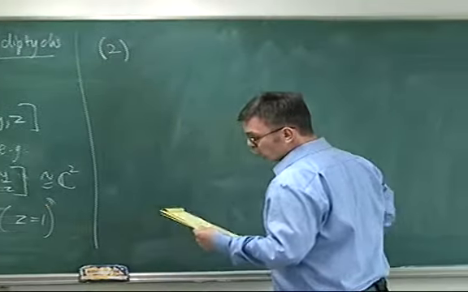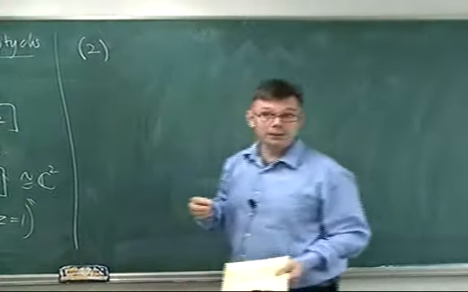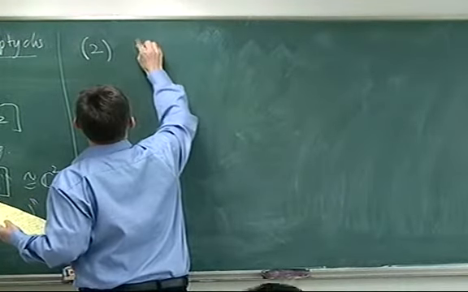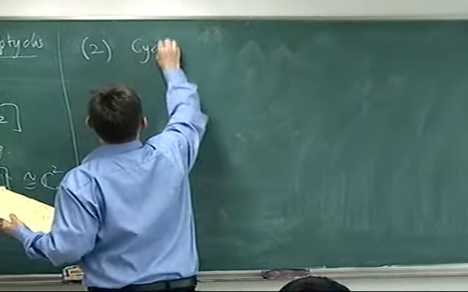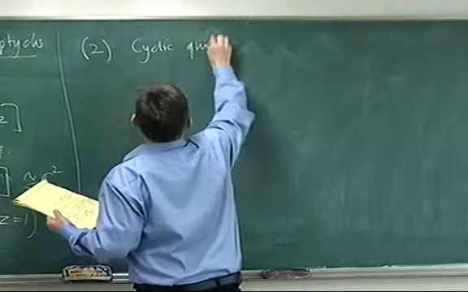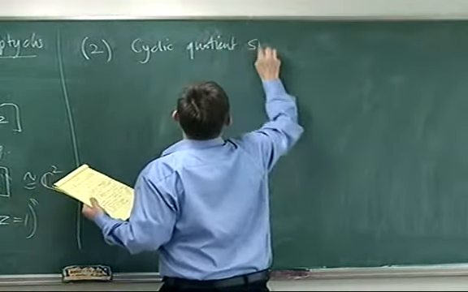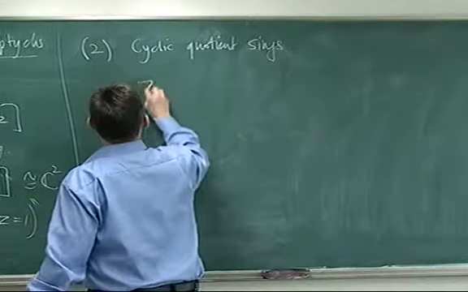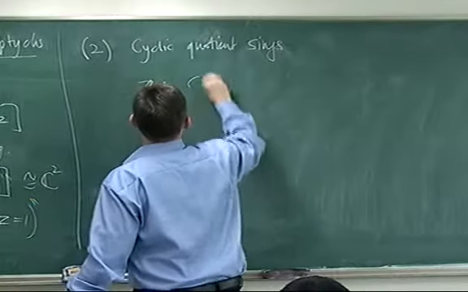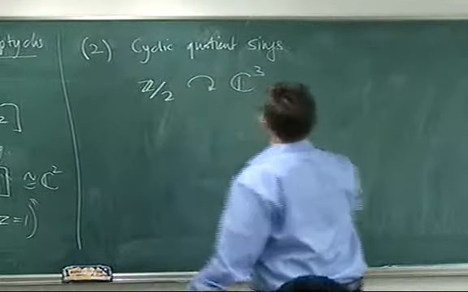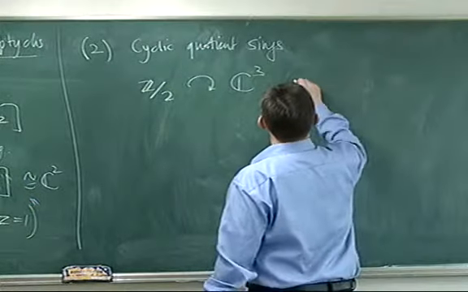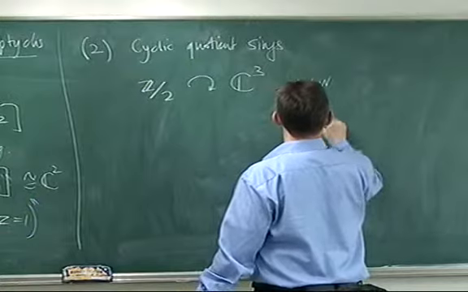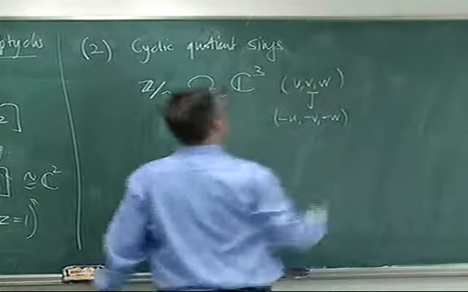And two, the thing that Miles has been explaining over the past month or so is quotient singularities, so finite cyclic quotient singularities. For example, Z2 acts on C3, so you certainly know this: (u, v, w) maps to (-u, -v, -w).